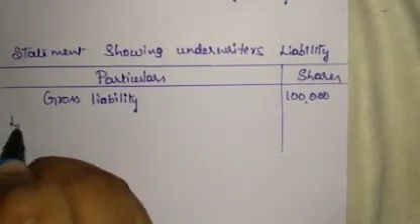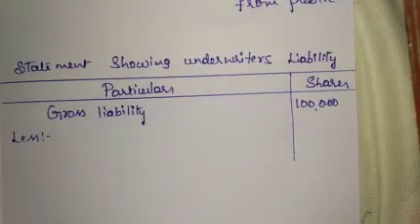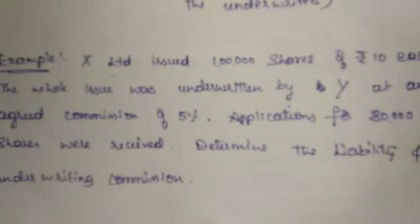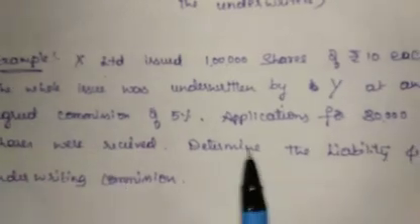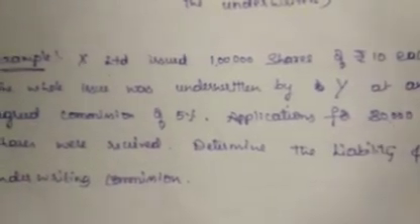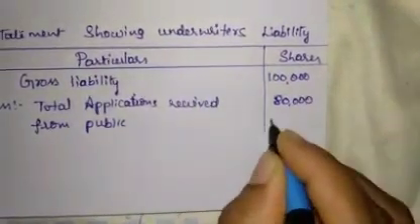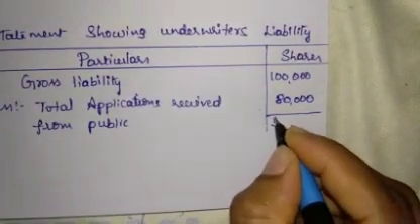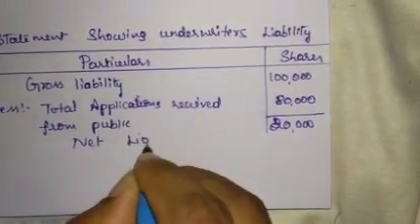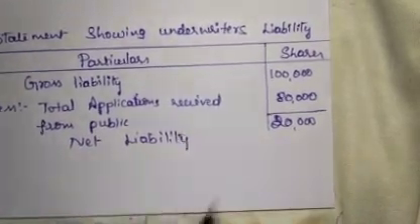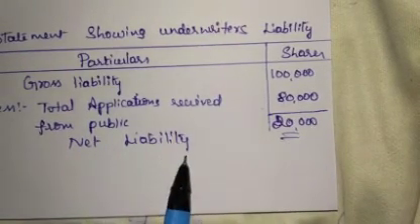From this we have to subtract the total applications received from the public. Applications for 80,000 shares were received. So the total application received from the public is 80,000. So net liability is 20,000 shares. The underwriter is liable to take up 20,000 shares. So we calculated the underwriter's liability.